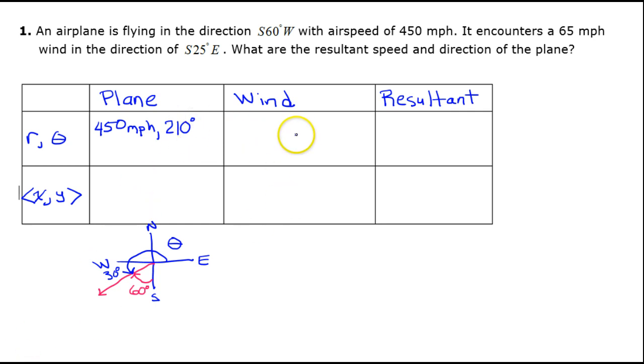Let's do the same thing for the wind vector. There's a 65 mile per hour wind, so that's the magnitude right there, 65 miles per hour. The wind direction is south, 25 degrees east.